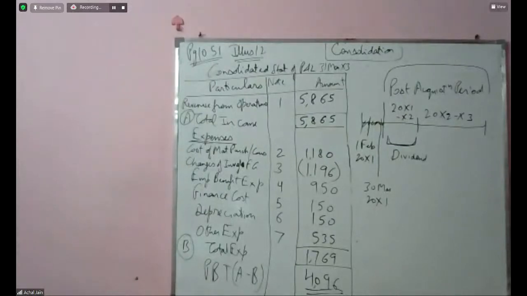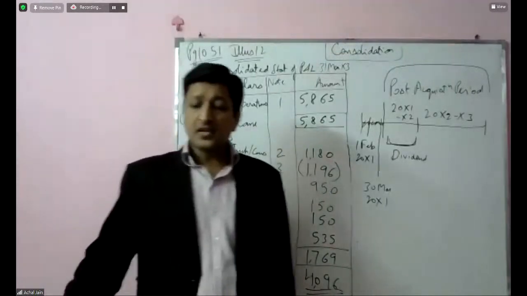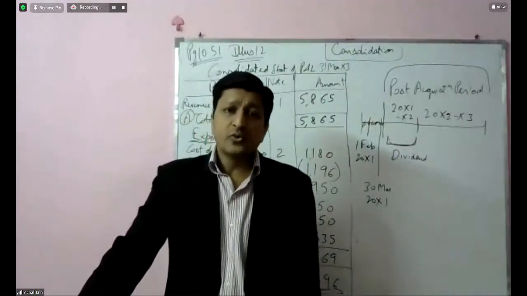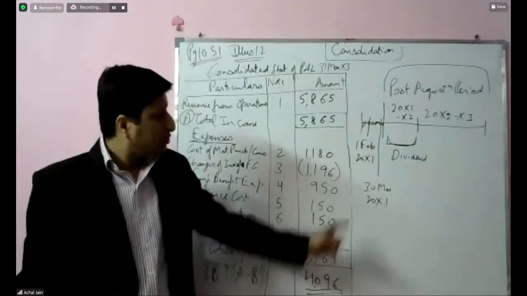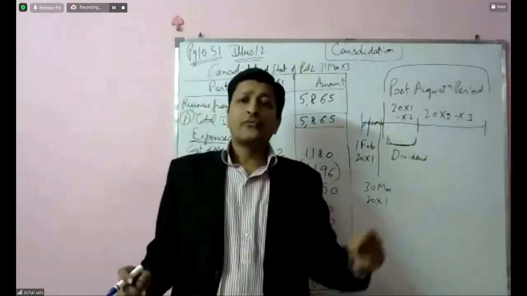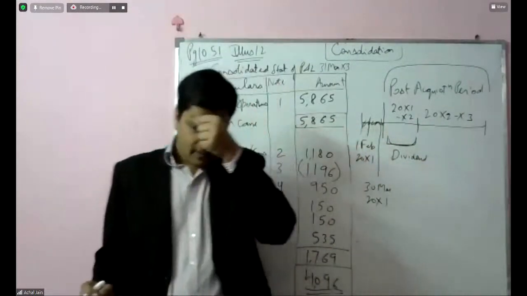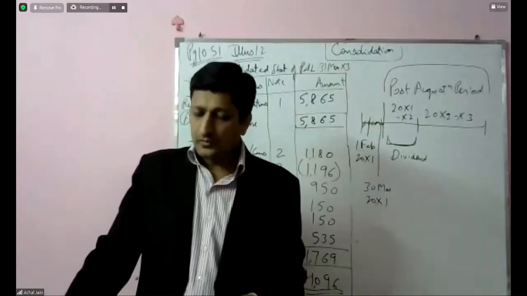Still, can we say that our answer will change? Tell me. Because Manish has raised this point, so that's why I'm asking you. Even if these two dates are given, or either of these two dates are given, do you think the dividend adjustment of taking it to P&L will change? Tell me. Yes or no?